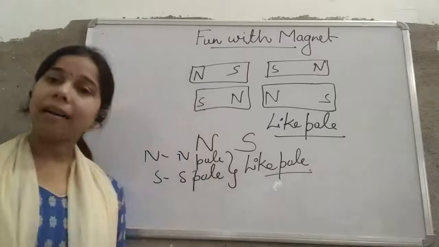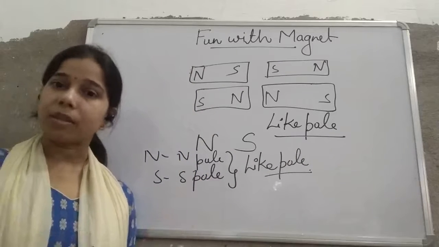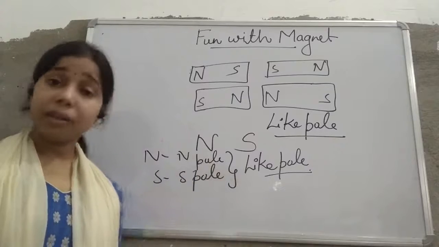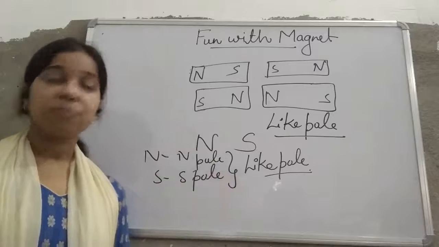Because they are alike to each other, the same pole: north pole is the same pole, south pole is the same pole.